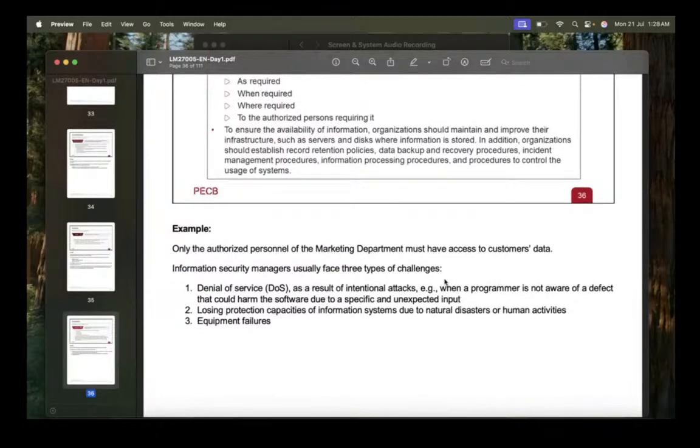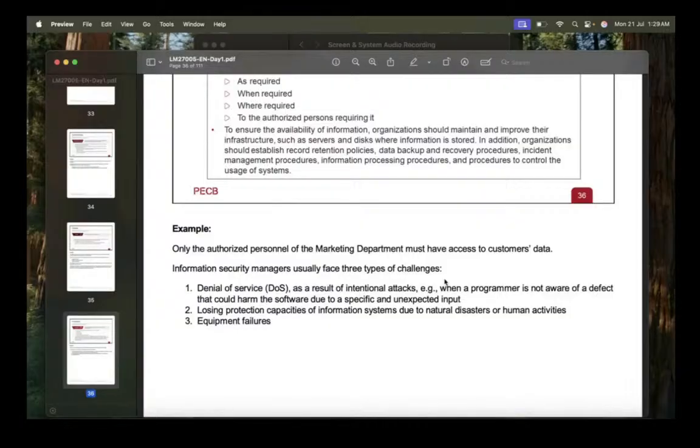So this is about the marketing department. It says that only the authorized personnel of the marketing department must have access to customers' data, as we have seen before as well, how important it is to understand who all are the authorized personnel to give that access to customers' data, because data is quite important these days and it is very sensitive.